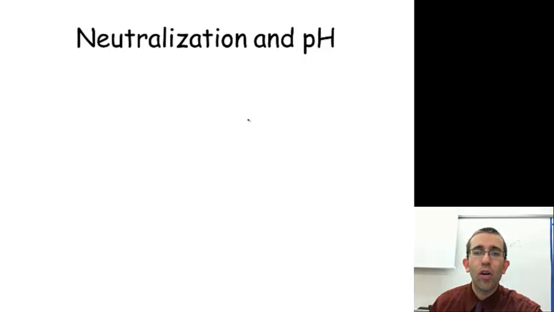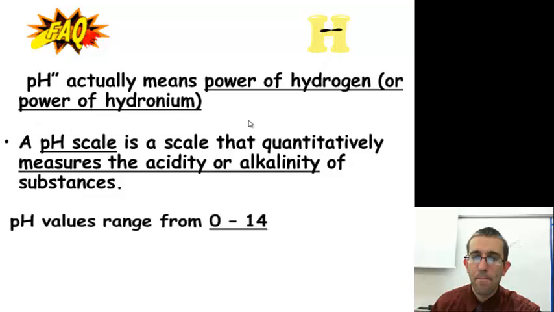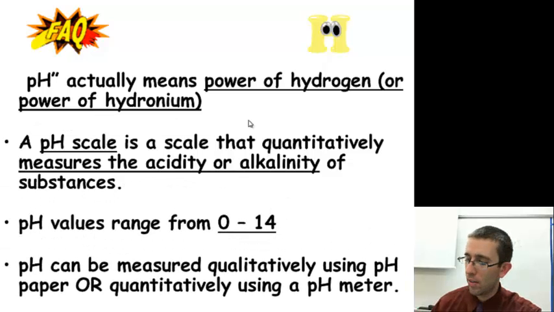Okay, moving right along to neutralization and pH. All right, what the heck does pH mean? pH actually means power of hydrogen, or if you remember yesterday, I brought up this term hydronium, okay?